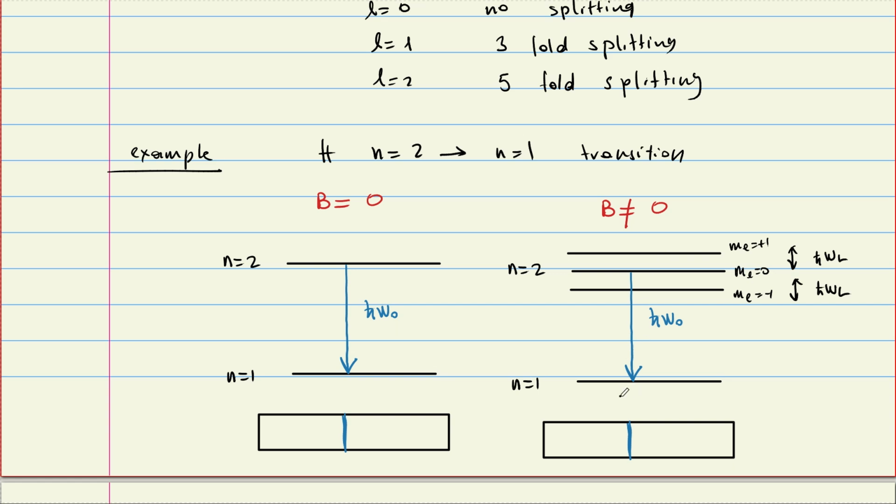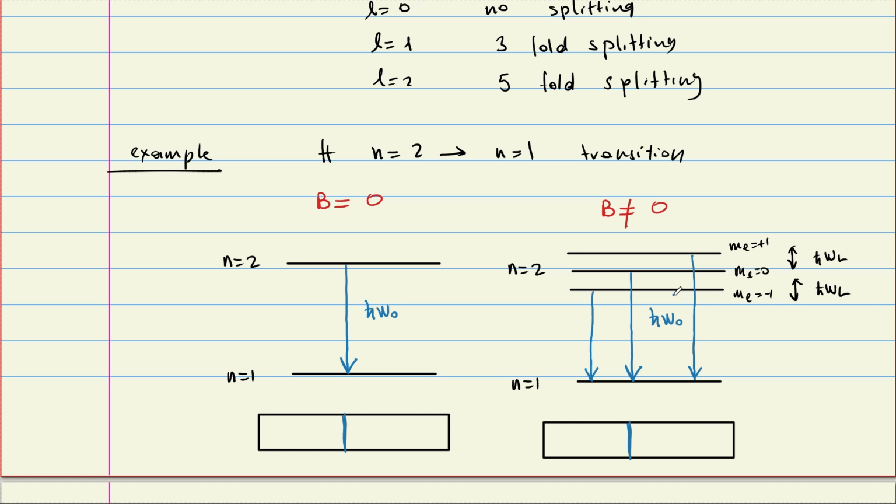And you do exactly the same experiment, and we are supposed to see not only this central line, but we also expect, for example, this line, and this line, right? All the selection rules are applied. So all of these lines are L equal to 1. This is L equal to 0.